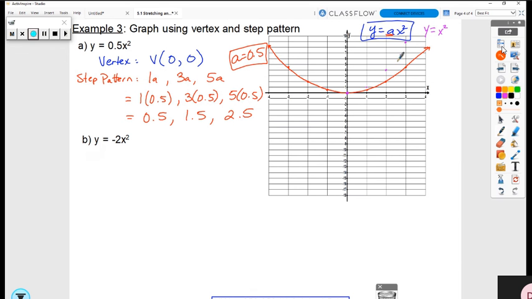Yeah? 1, 1, 2, 4, 3, 9. And this right here in purple would be our parent function, our original parent quadratic. If we compare y equals 0.5 x squared to y equals x squared, notice how it's a little bit widened. You see that? Something might have happened here.